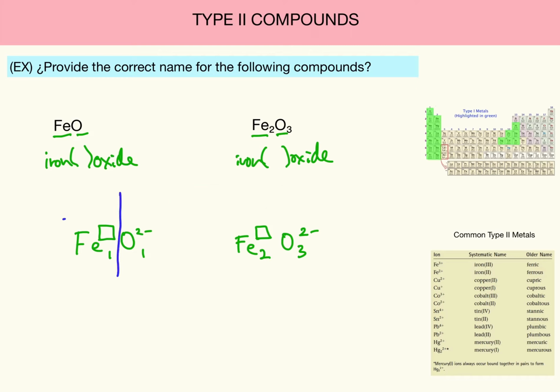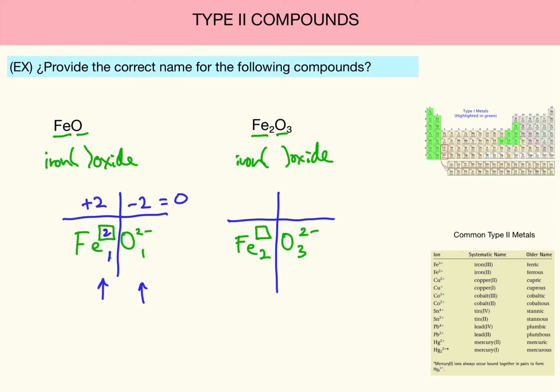So let's do the calculations and see what the charge on the metal needs to be to make each of those compounds charge neutral. What we know is the sum of all of the positive and negative pieces has to sum to 0. So moving to the oxygen, 1 times -2 is -2. If the total charge is -2, the total positive charge must be +2. And now, 1 times what equals 2? 1 times 2 equals 2.